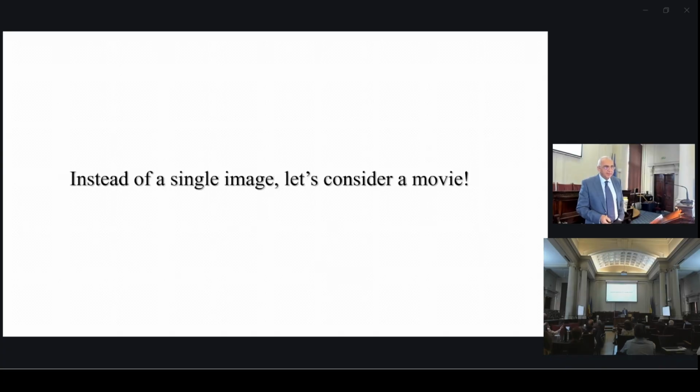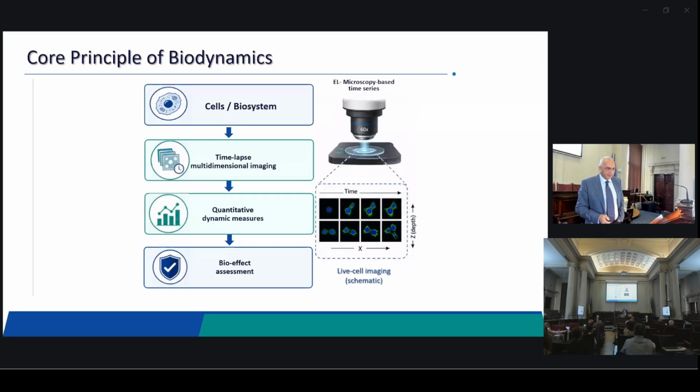The idea is, why use just an image and not a movie to try to gain some information and eventually specificity? So we have to develop a sort of multi-dimensional time-lapse assays with pretty high resolution to extract some quantitative measures.